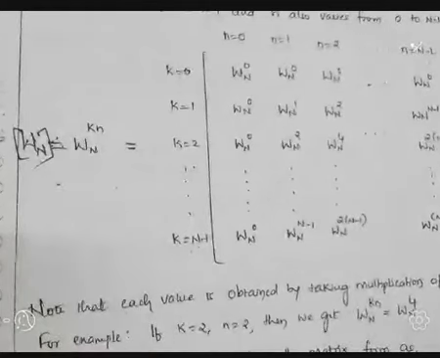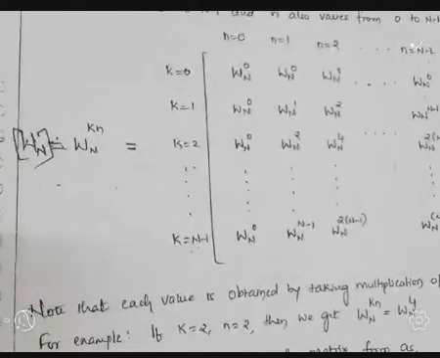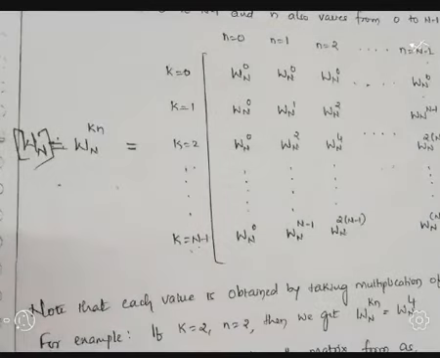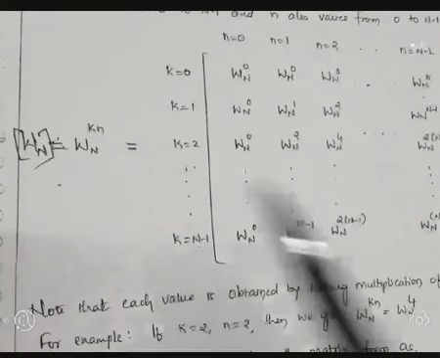So in the definition of the n point DFT, we represented the given discrete time sequence x of n in matrix format. It is an n cross 1 matrix. Similarly, the DFT X of k, we also represented in terms of matrix format. Finally, we represented the twiddle factor in terms of matrix format.